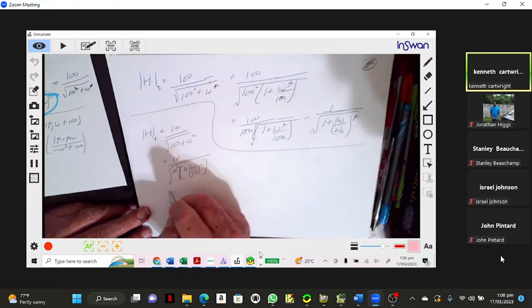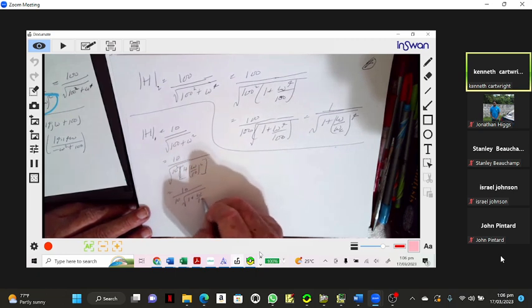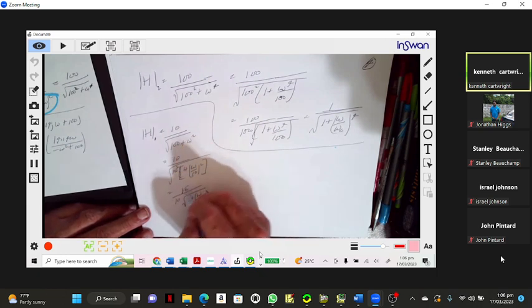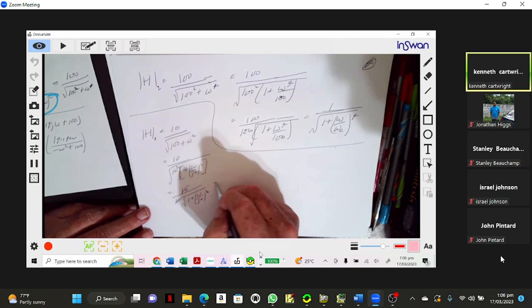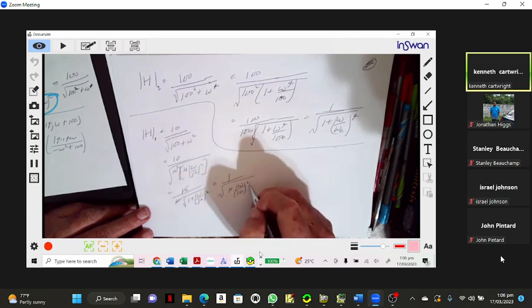Square root, which is 10 over 10 square root of 1 plus omega over 10 squared. 10 cancels 10. 1 over root 1 plus omega over 10 squared.